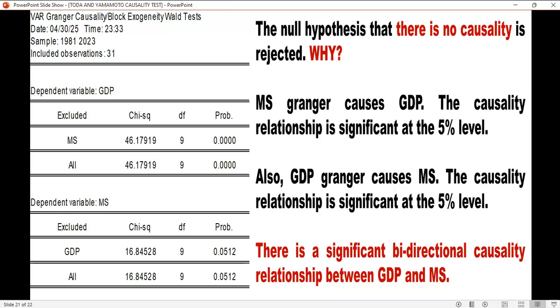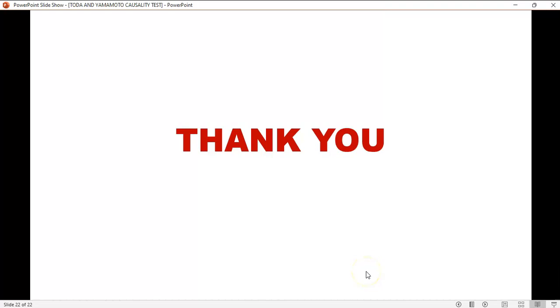So this is the Toda and Yamamoto causality procedure. You can also try that at your own leisure time, and when you do that, try to compare with Granger and see if you would also get a significant result. But what we've shown now is the Toda and Yamamoto causality test. Thank you very much.